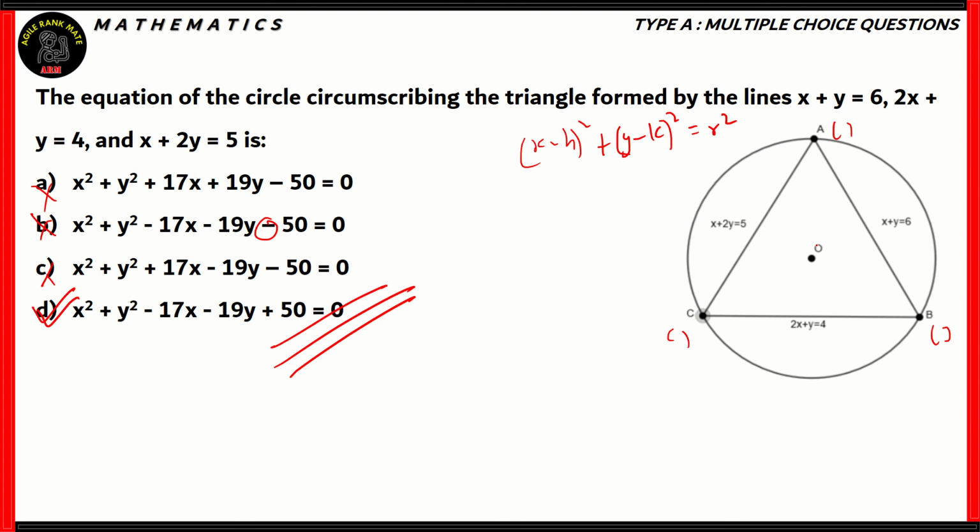After getting two equations, we can eliminate one of the variables, get the other variable, and substitute that to get both variables, that is h and k. Once you've got h and k, find r using one of the radii equations of the distance formula, and then finally with h, k, and r you can apply that to the general equation and find the equation that the question is looking for.